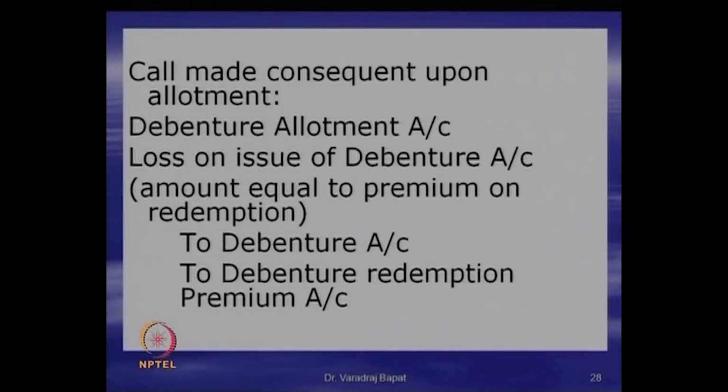Now on subsequent allotment, debenture allotment account debit, loss on issue of debenture account debit, which is for the premium, to debenture account, to debenture redemption premium account. So here what is happening is that the 6 rupees which I have to pay extra at the time of redemption, I am crediting to debenture redemption premium account, and it is being provided as loss on issue of debenture account. Okay.